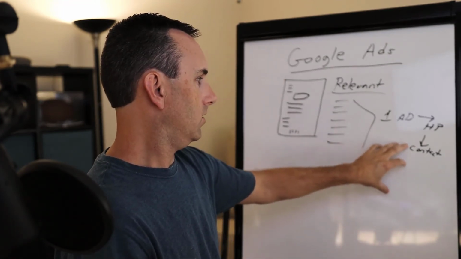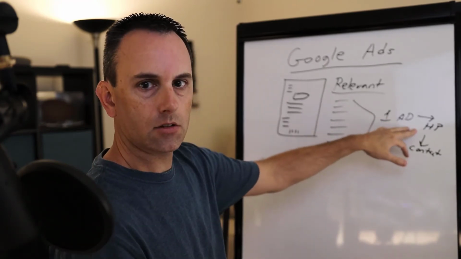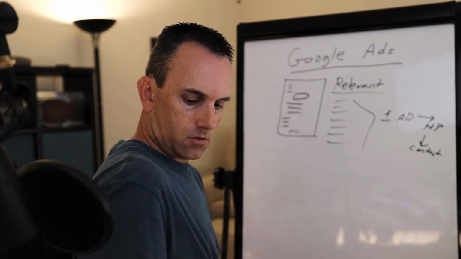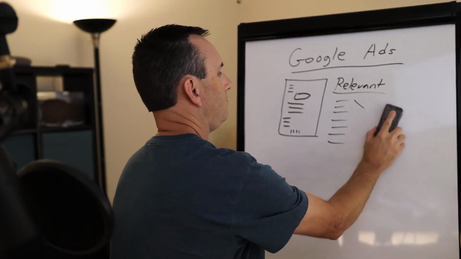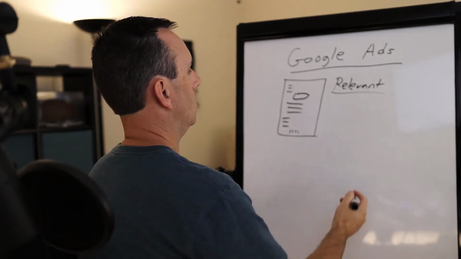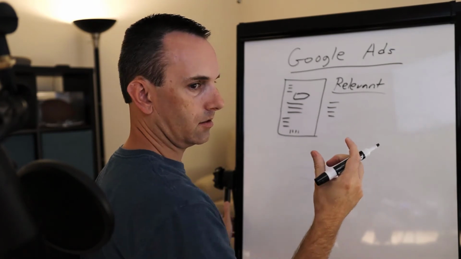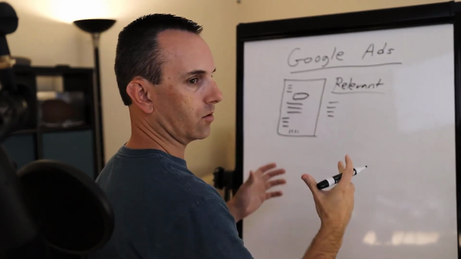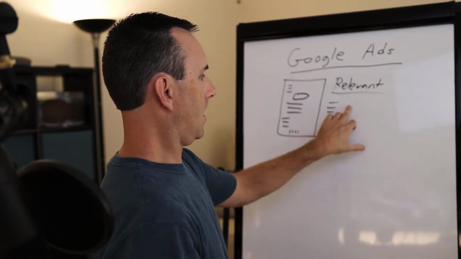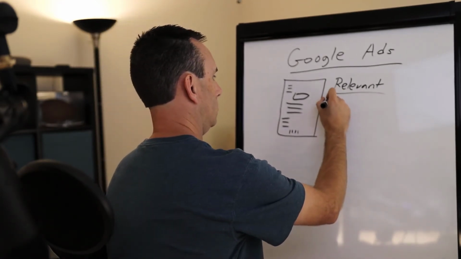So what I like to do is remove the homepage and send them to what we call landing pages. The way we build this out, instead of a big list of keywords we're bidding on, we're going to bid on tightly related keywords. For example, I may have 3 or 4 keywords for tree removal, right?